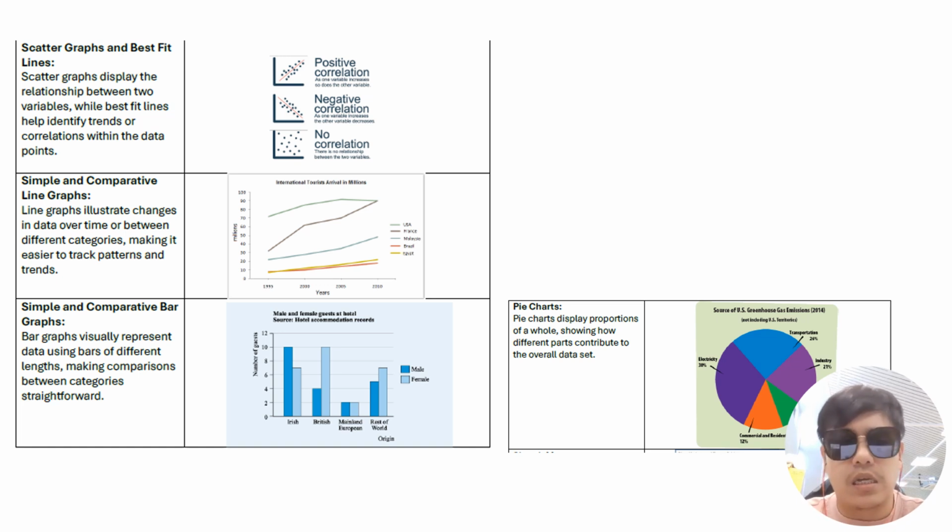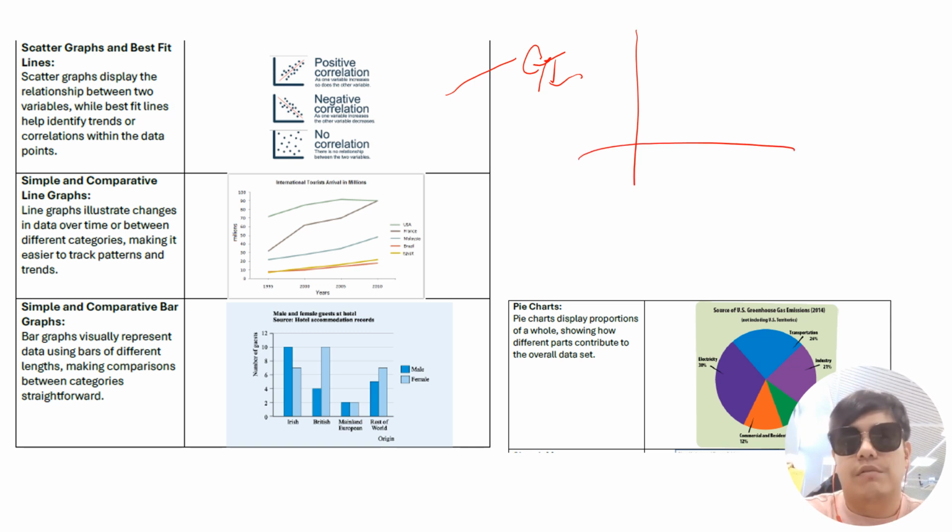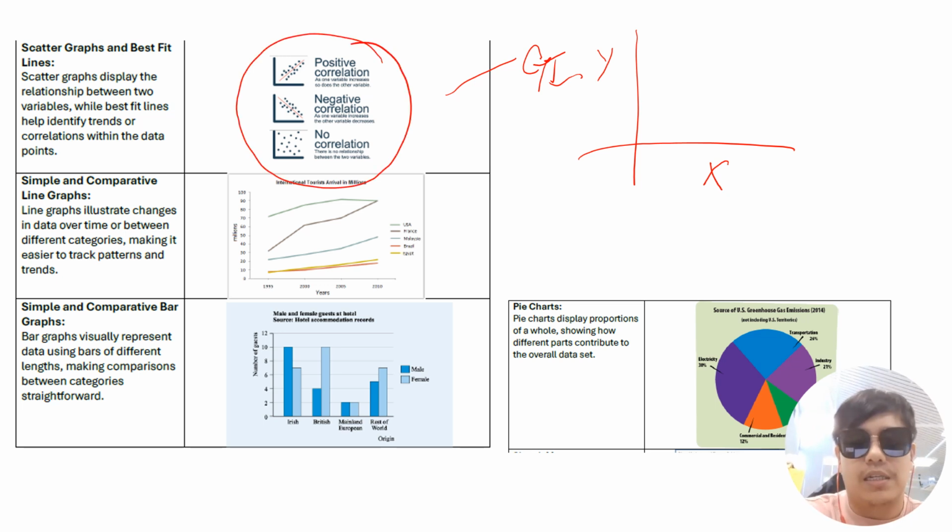This is actually more for GI. You'll be able to see that for scatter graphs, there are two variables, X and Y. You'll always have two variables for your GI, for your hypothesis, and we always look for the overall trend. These are the types of relationship in the scatter graphs, and we use the best fit line to talk about the pattern, the trend, the relationship.